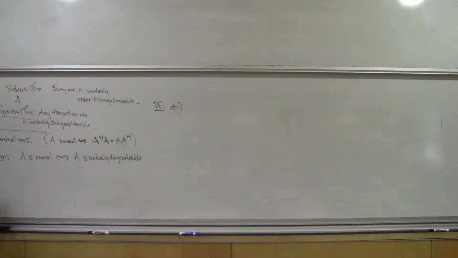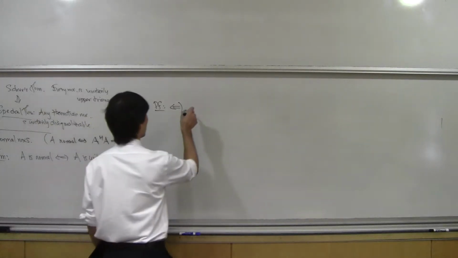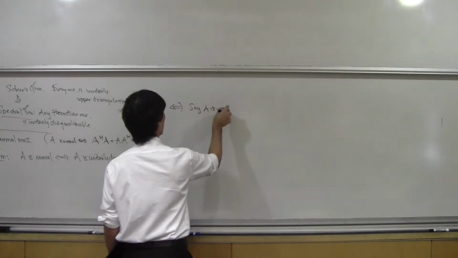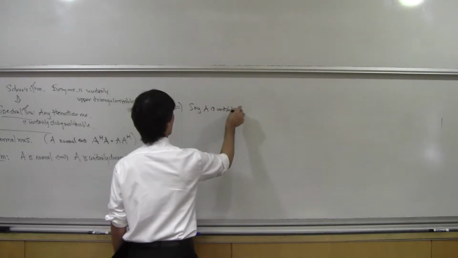So let's do the backwards direction. Let's suppose that A is unitarily diagonalizable.